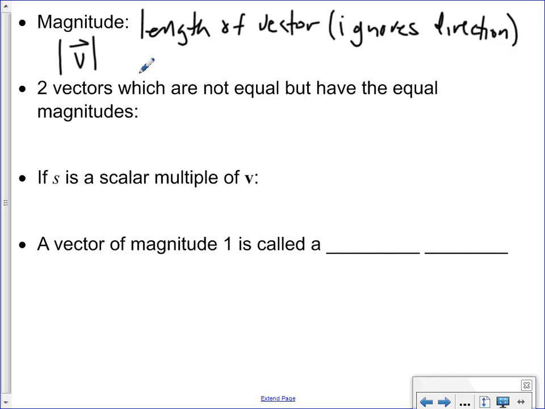So that means two vectors can be completely different.